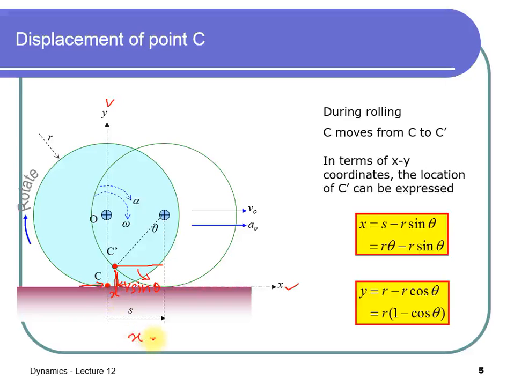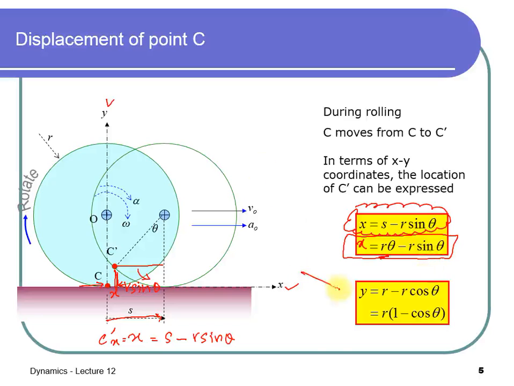So x is equal to s, the distance over here, minus r sine theta. So this is the position of C prime at x. And you know that s is equal to r theta. So we arrange back the equation and it becomes x equal to r theta minus r sine theta.